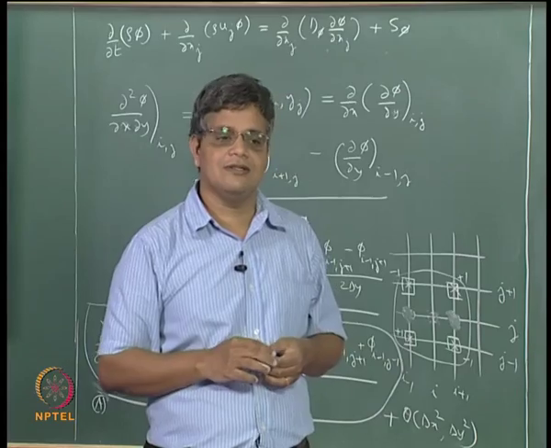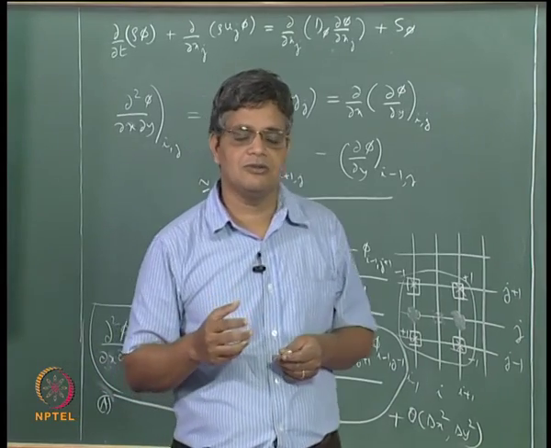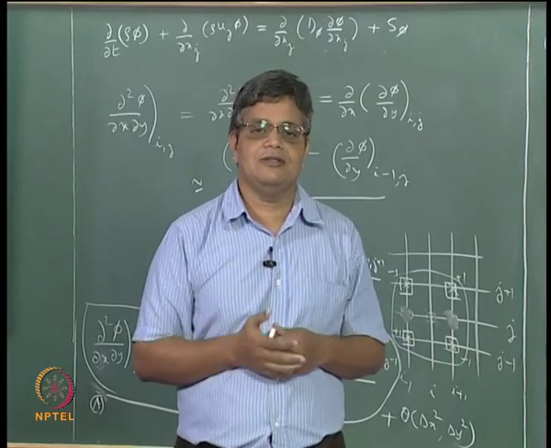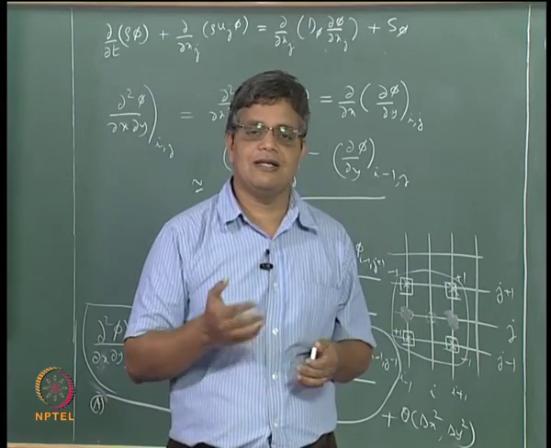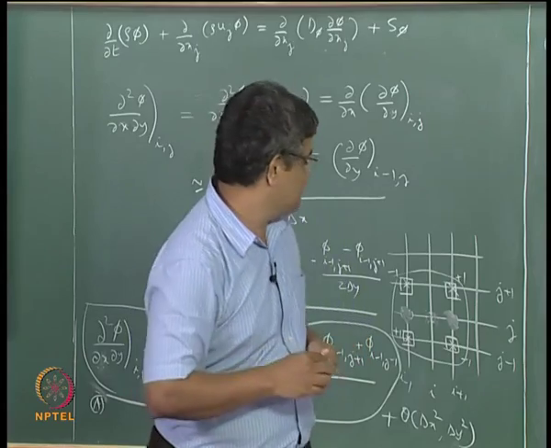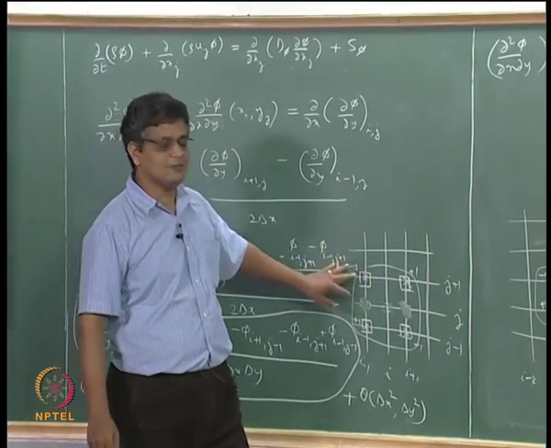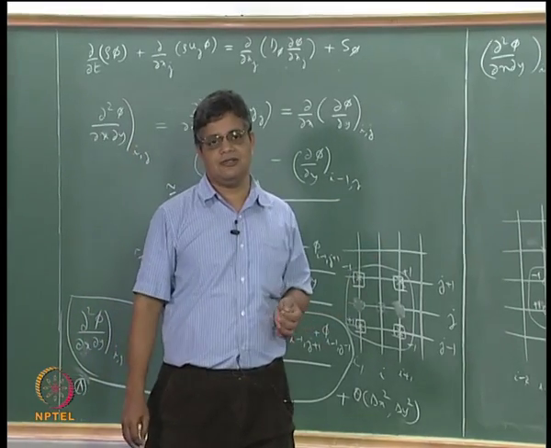So you make a compromise on the rate of convergence, and sometimes if the off-diagonal terms are preponderant, this may lead to even divergence of the numerical scheme.